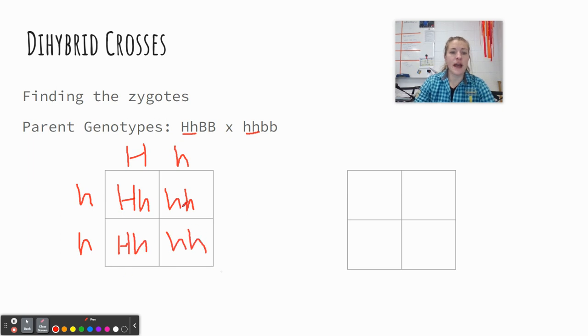Okay, so that is my cross for my H's. And now I'm going to do my cross for my B's. So I have big B for my other parent, and then I have little b for my other parent. So every single one of these boxes is going to be big B, little b.